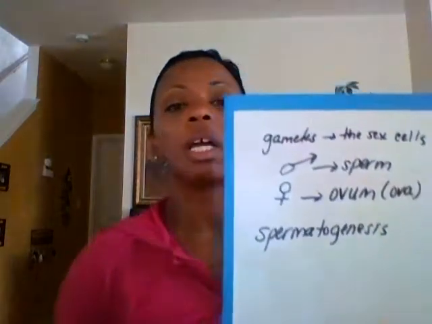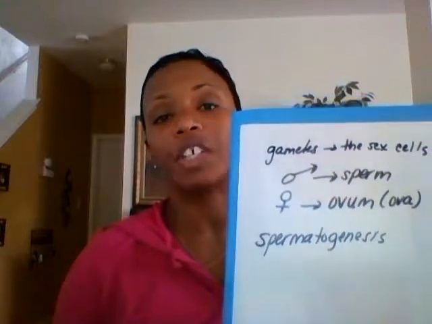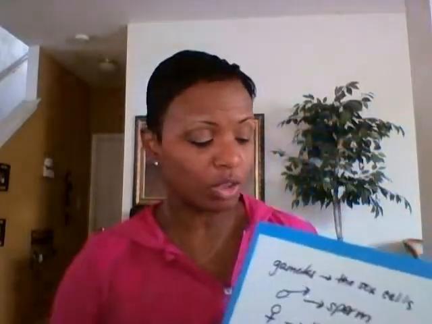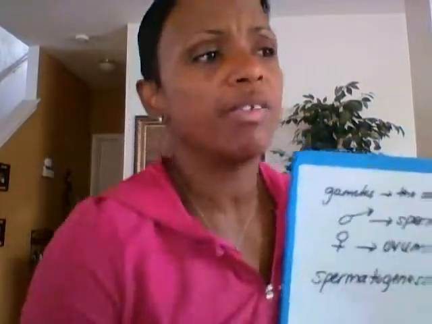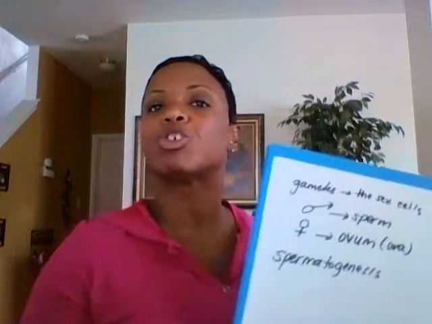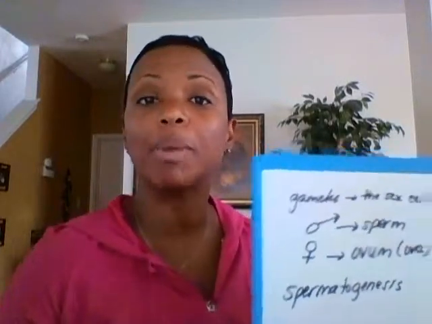So when we talk about the production of the gametes, spermatogenesis is the division of the sex cells in the male. So we talked about division of normal body cells way back in I believe it was chapter 3, where we talked about mitosis.